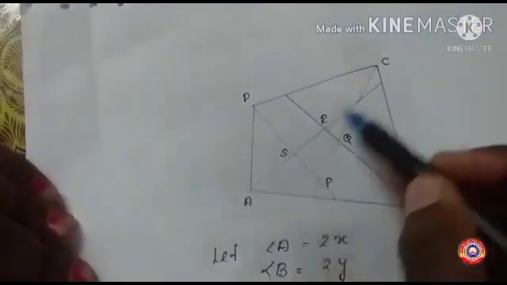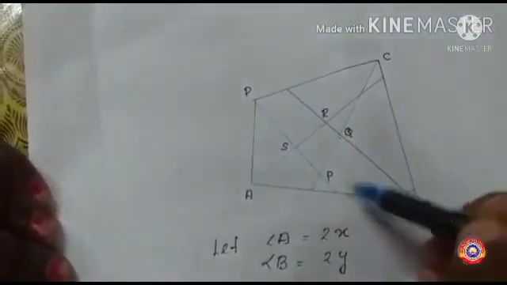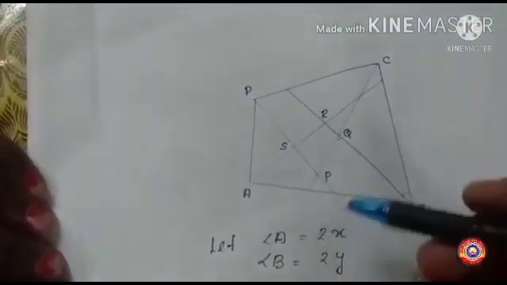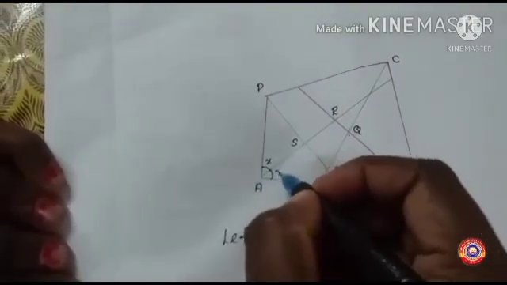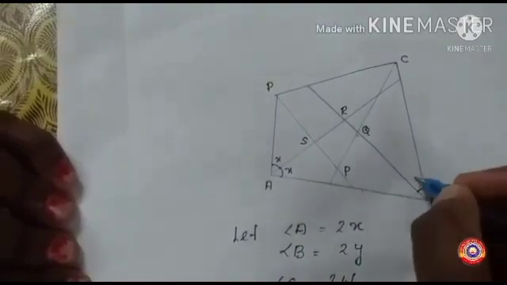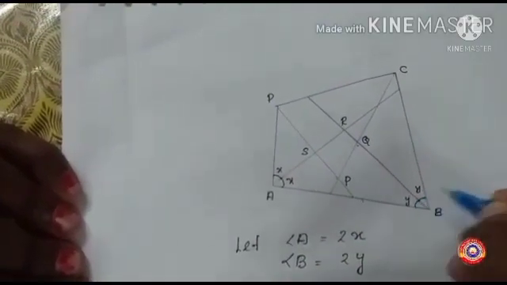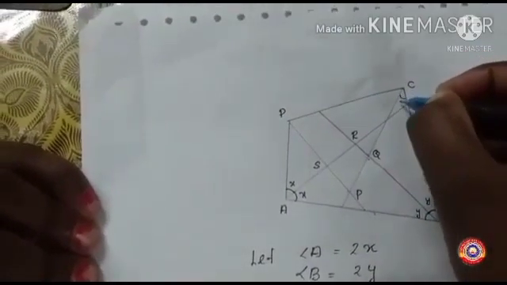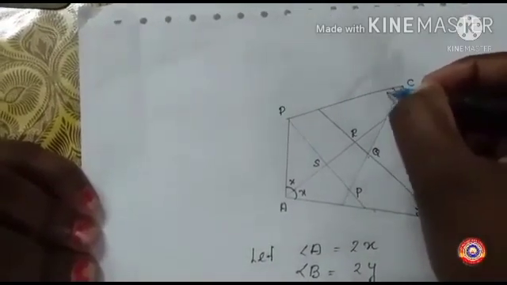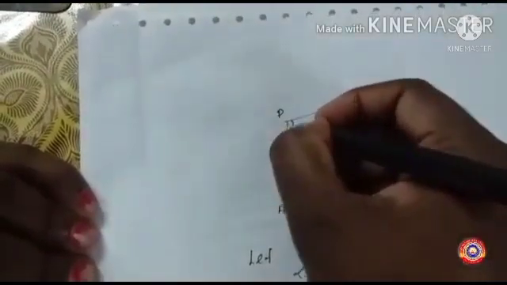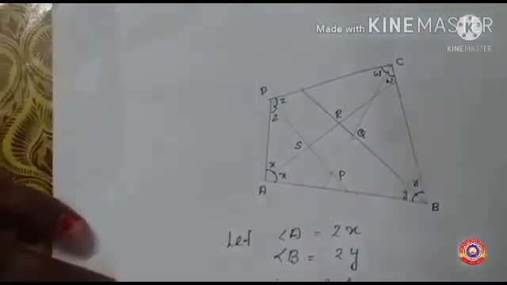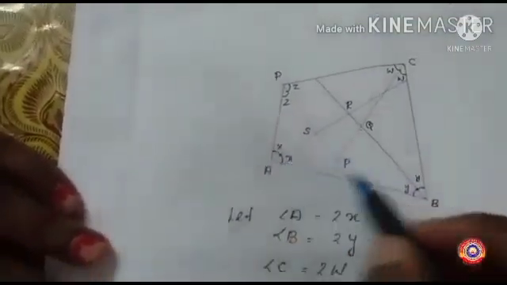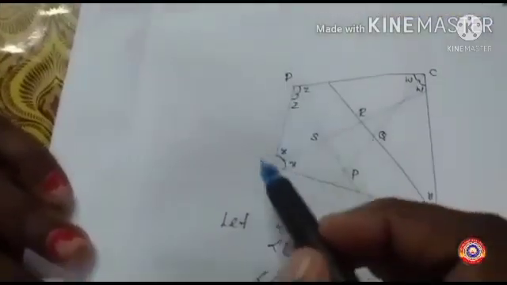Since the angle bisectors divide the angles into two equal angles, we can write x, x, y, y, w and w, z, z. So from the figure, what can we write?